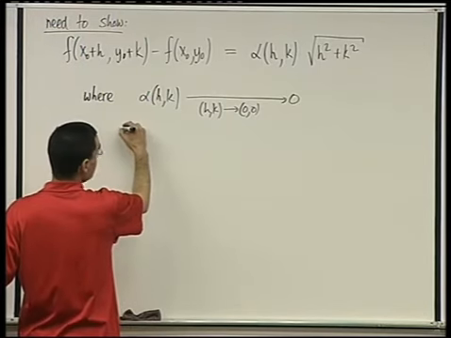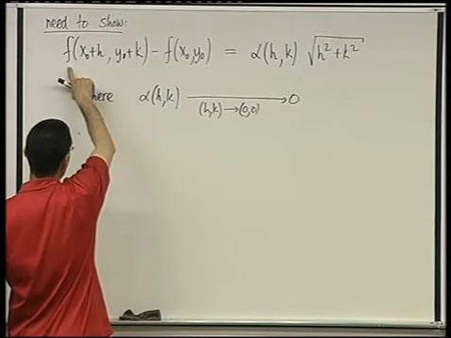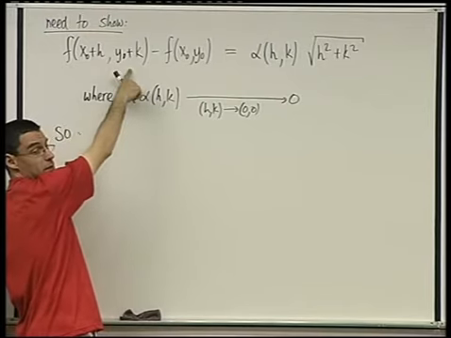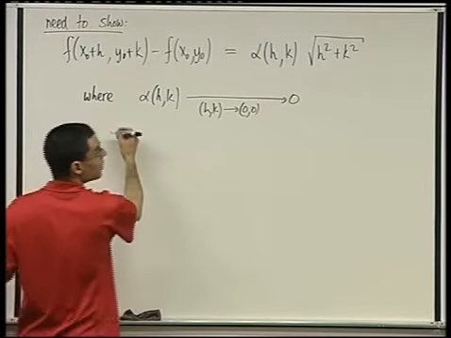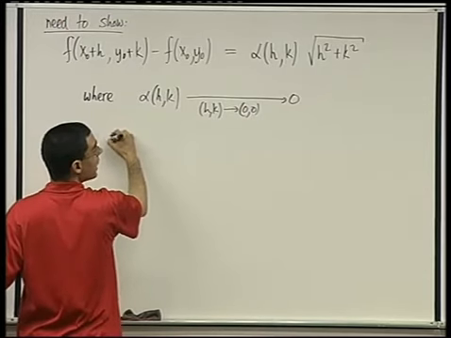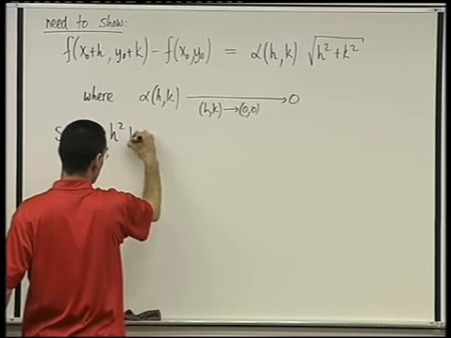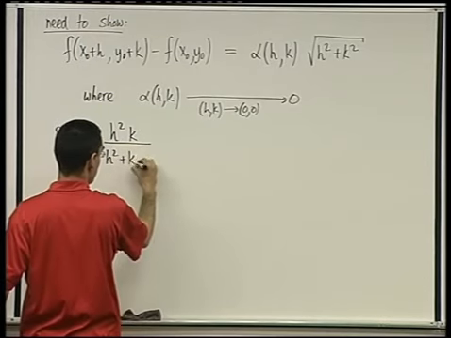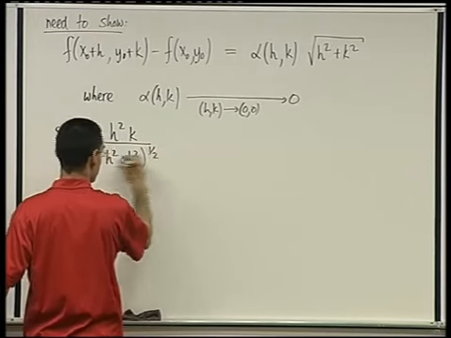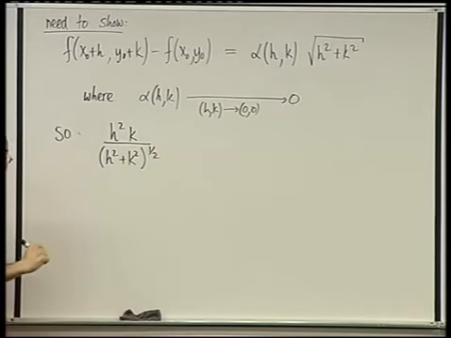So I'm looking at the value of f at hk, because both x0 and y0 are 0. That's the point we're looking at. So what's the value of f at hk? H squared k divided by the root of h squared plus k squared. That's f at hk. Do you agree?